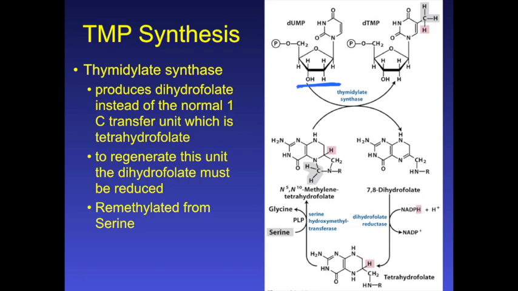Ooh, that seems like magic. Okay, and so let's take a look at this. All right, once this is generated, we'll talk about how the dihydrofolate that is produced has to be regenerated to tetrahydrofolate, and then we have to put another carbon onto it. And so there is a regeneration step. All right.